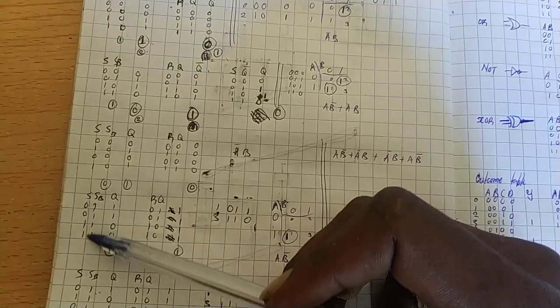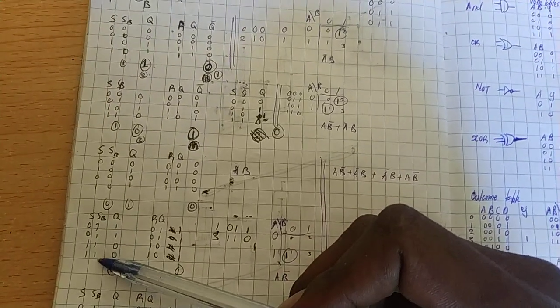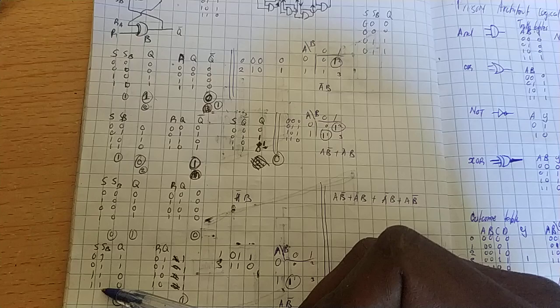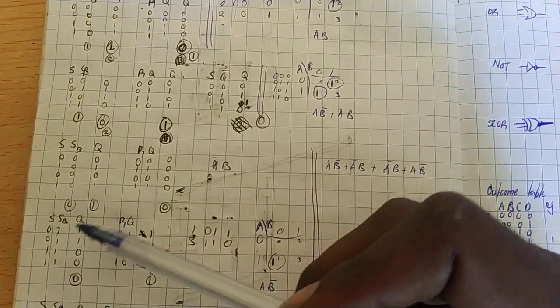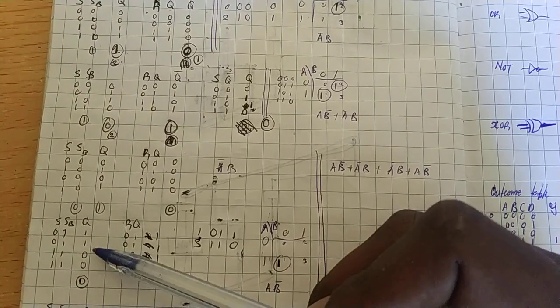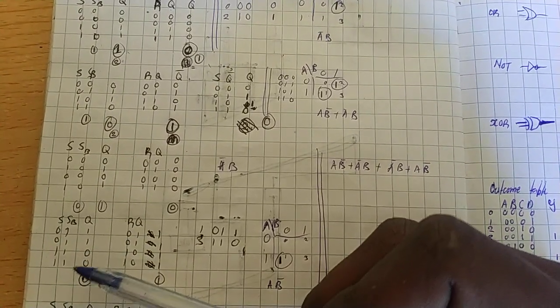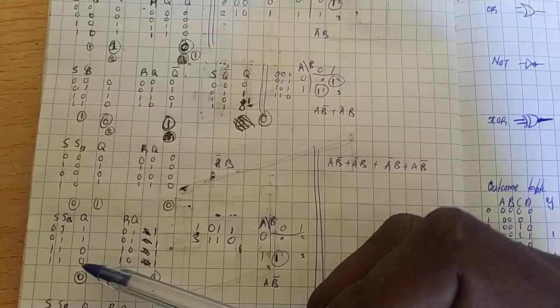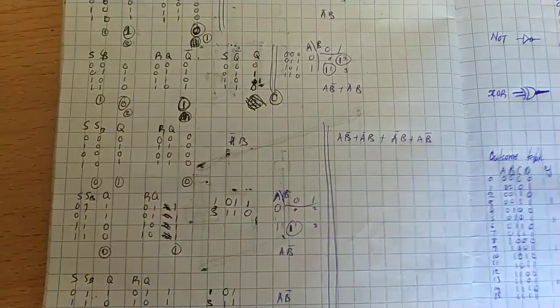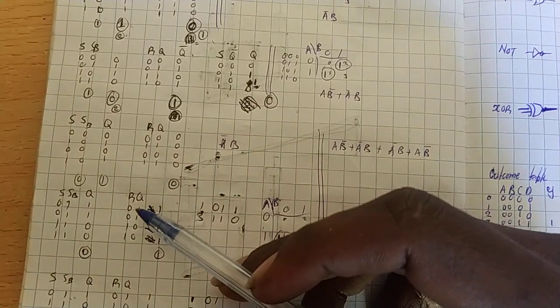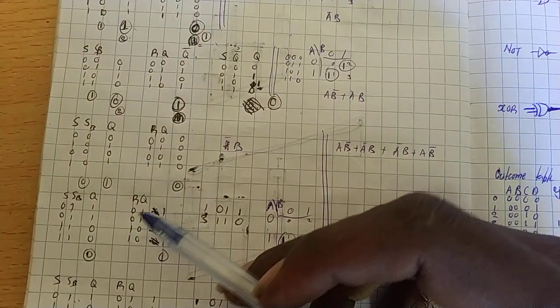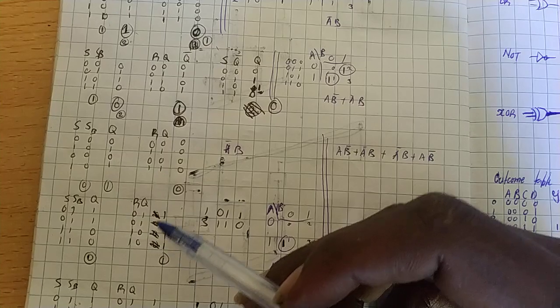It's the same inputs, and then now for S bar we imagine they are all highs. So it's 0 1 0 1, different. 1 1 1 1 is the same, 0 1 1 the same, 0. These outputs are being fed back to R, which is 0 1 0 1 1 0 1 0.